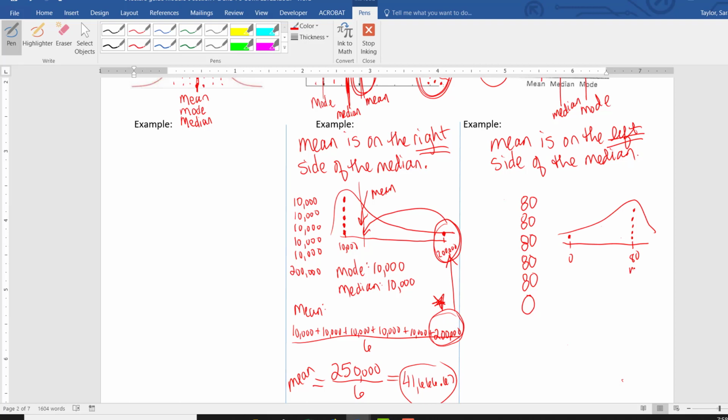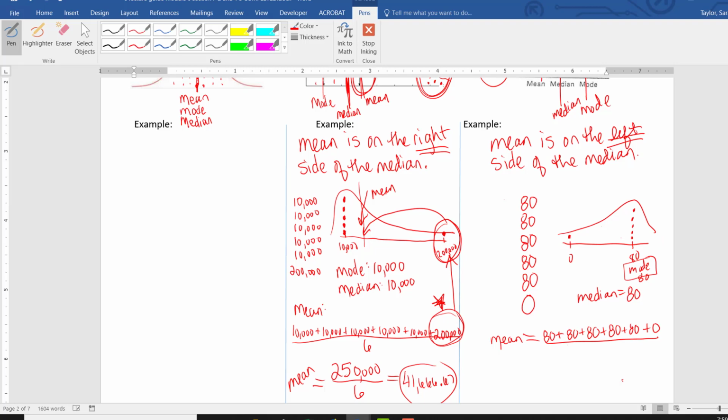So the mode would be here at 80. The median would also be 80. Because half the data values are above 80 or equal to it, half the data values are below 80 or equal to it. But the mean is going to be lower than 80. The mean, to calculate it, we're going to take 80s, all those 80s, and add them up. We also have to add in the 0.